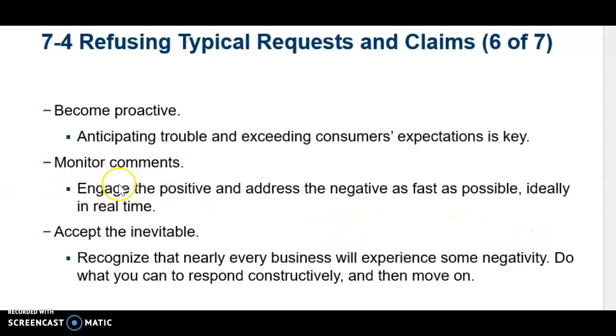So there probably is a person that is going to be working in customer service specifically in answering and commenting. Accept the inevitable. Recognize that nearly every business is going to experience some negativity. You cannot make everyone happy. But do what you can to respond as constructively and then just move on.